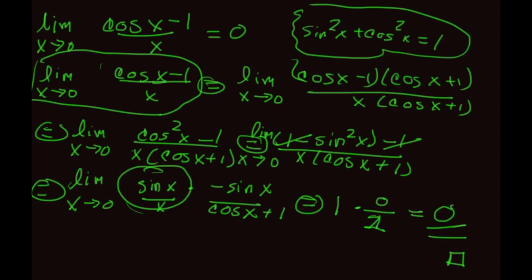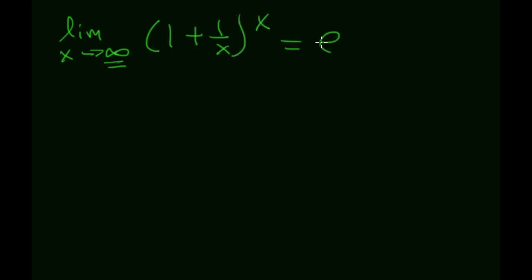All right, so the only other one that we had to memorize was the one that involved e. The third limit that you had to memorize was that the limit as x approaches infinity, so note the infinity, not the 0, of 1 plus 1 over x to the x is e, Euler's constant. Why do I need this?